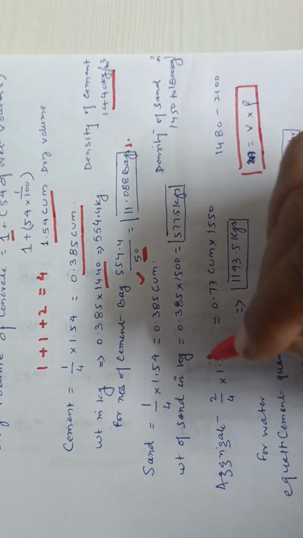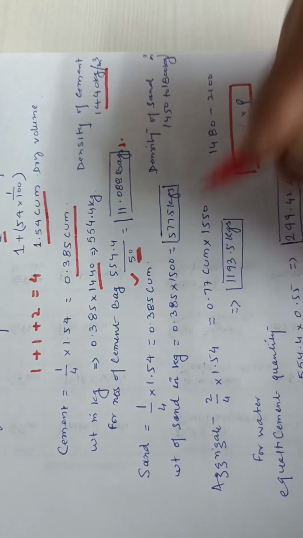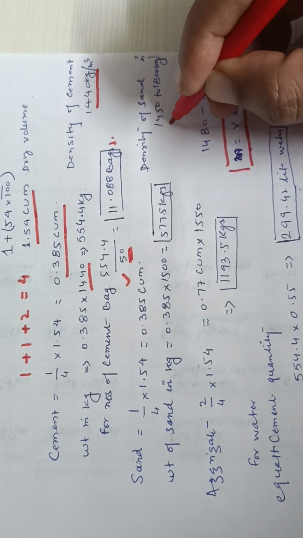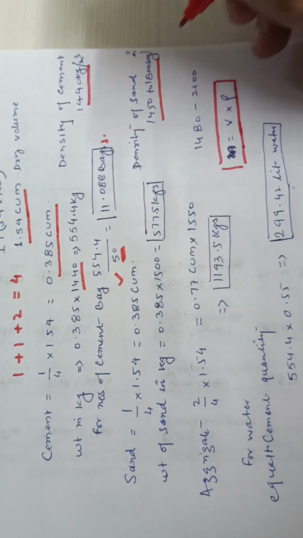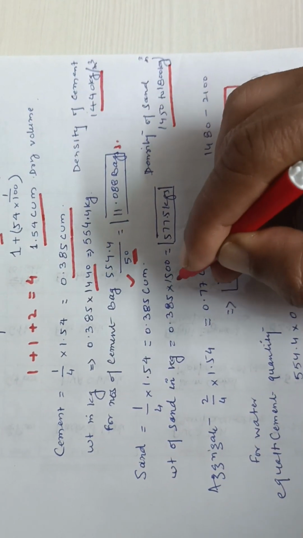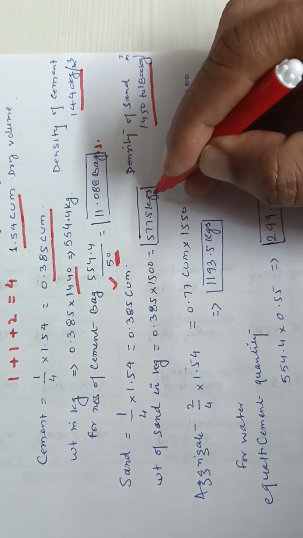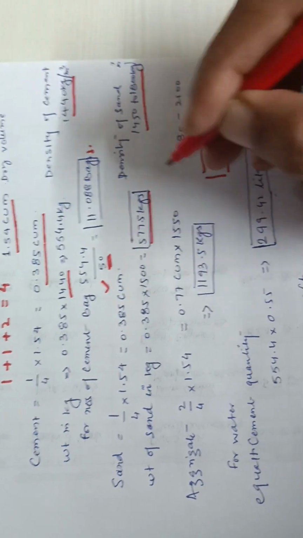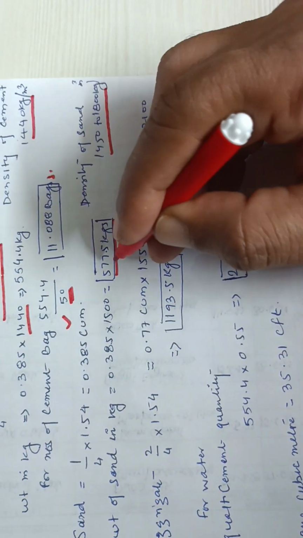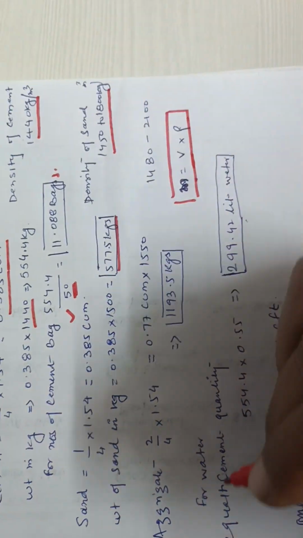The weight of sand in kg will be 0.385 into 1500, because the density of sand comes between 1450 and 1800 kg. Let's assume somewhere in the middle, take 1500, and you will get 577.5 kg. This much sand is required.